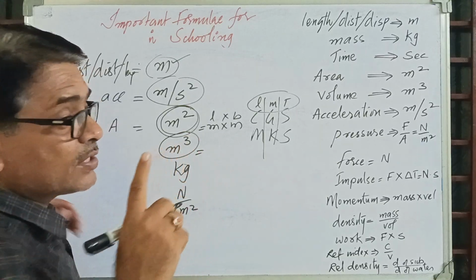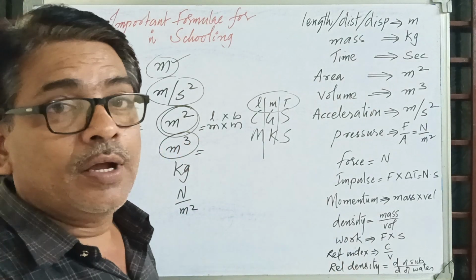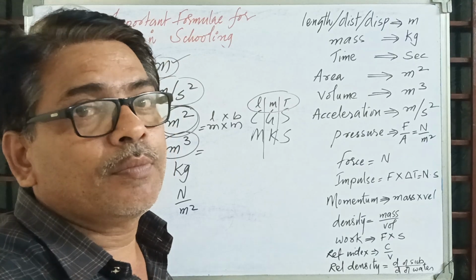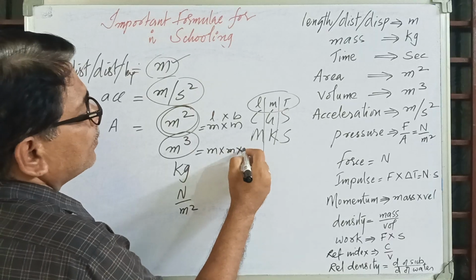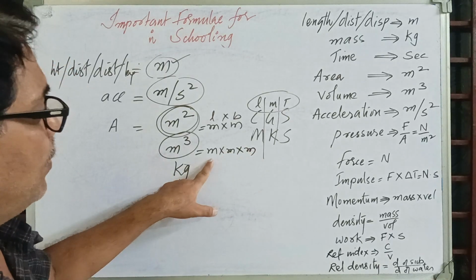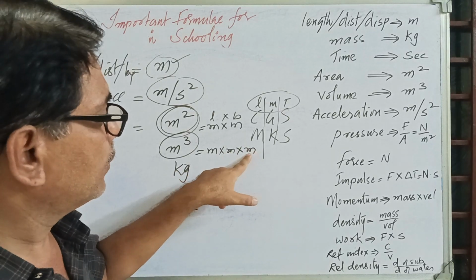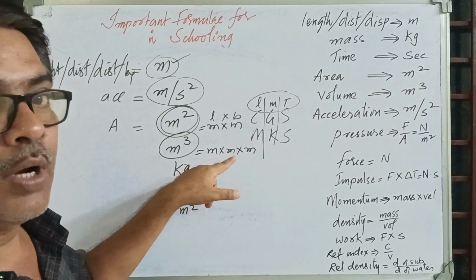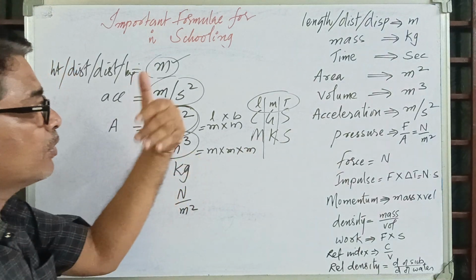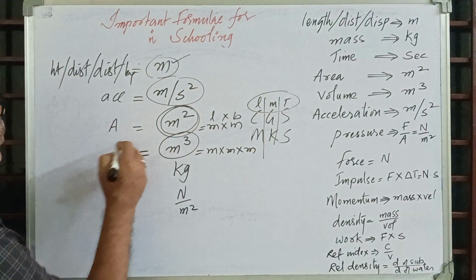Meter cube means if it is m plus m plus m, it will be 3m sum. But when it is a multiplication only, you will get these type of things. That means what is understood now? This may be length, breadth and height. So length into breadth into height, nothing but length into length into length. Therefore length cube. Length cube means it is volume.